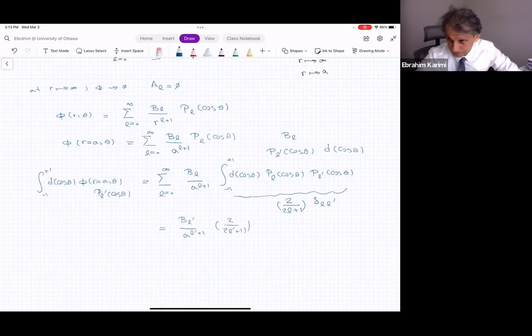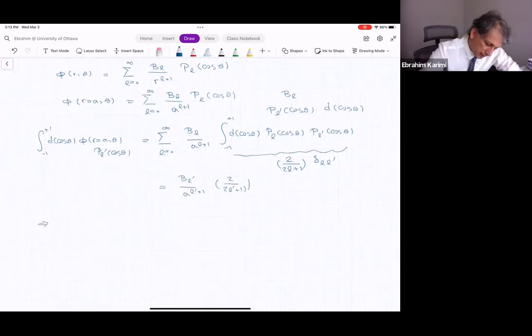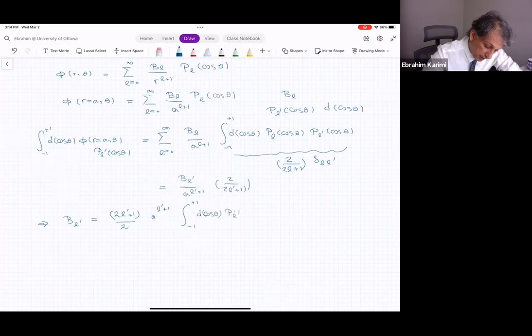From here we got the value for BL prime, which is 2L prime plus 1 divided by 2, then A to the power of L prime plus 1, then the integral of -1 to +1 of d cosine of theta, PL prime of cosine of theta, phi at R equal to A and any value of theta. Agreed?